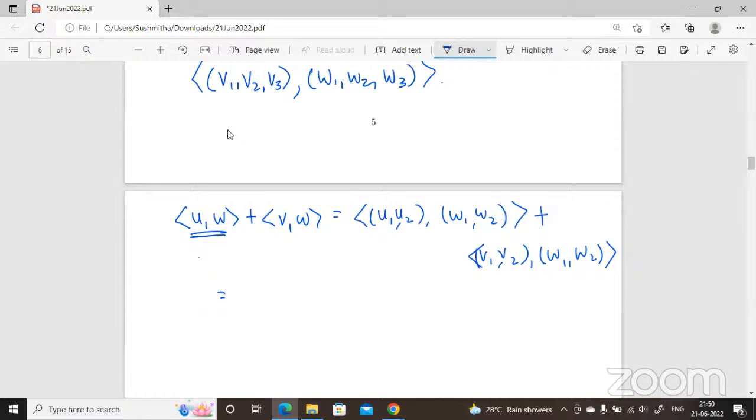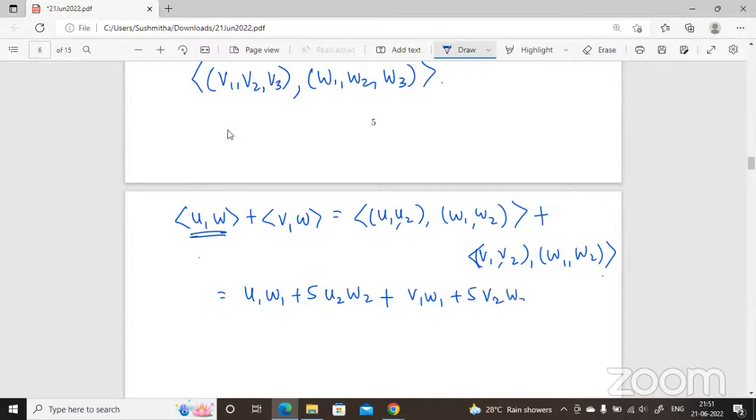So what is this? U1 W1 plus 5 U2 W2. What about this term? V1 W1 plus 5 V2 W2.